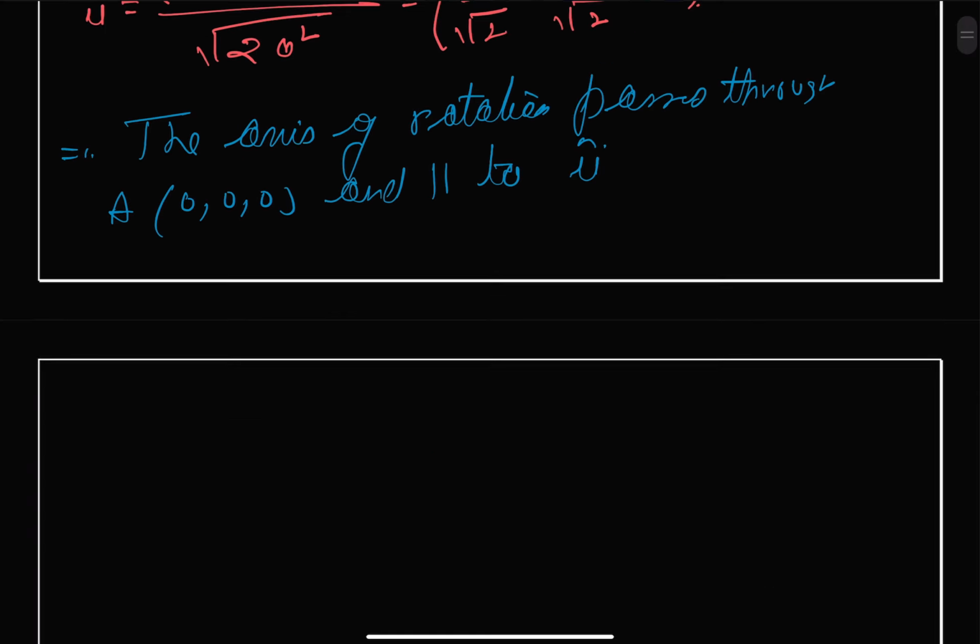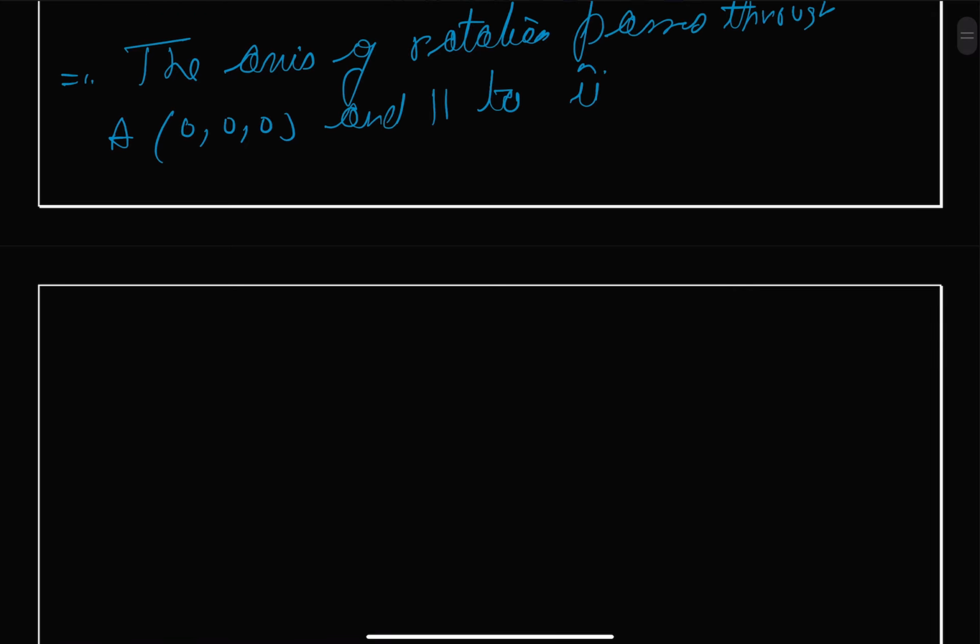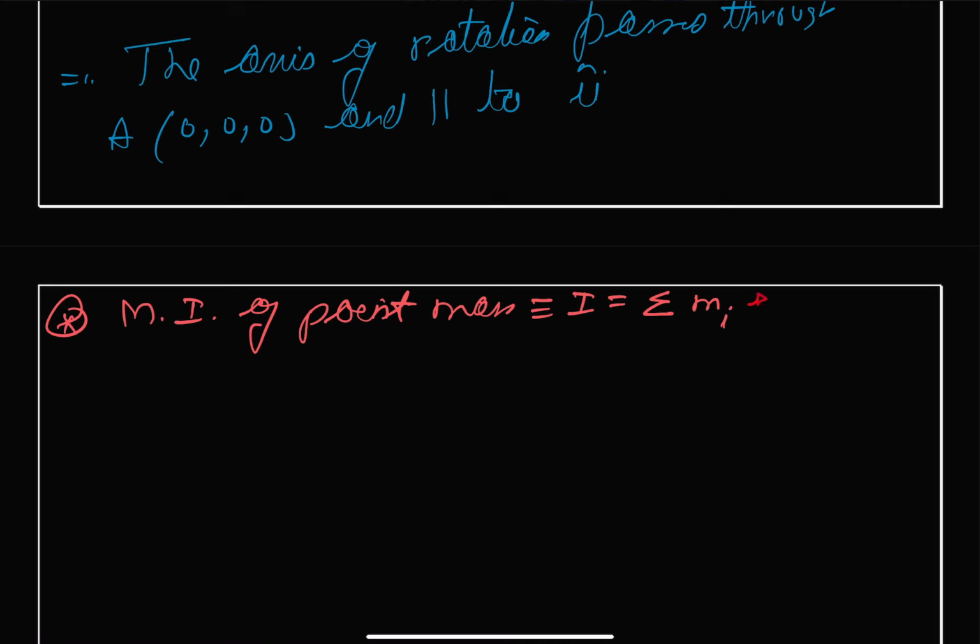Now we can use the basic formula for the moment of inertia. We know that the moment of inertia of point masses is I equal to the summation of m_i r_i whole square, where i goes from 1 to n, with n the number of point masses.